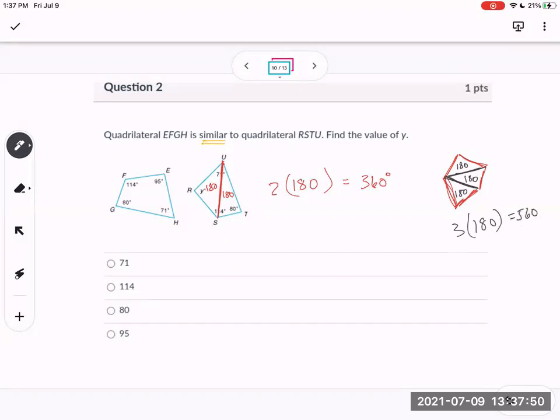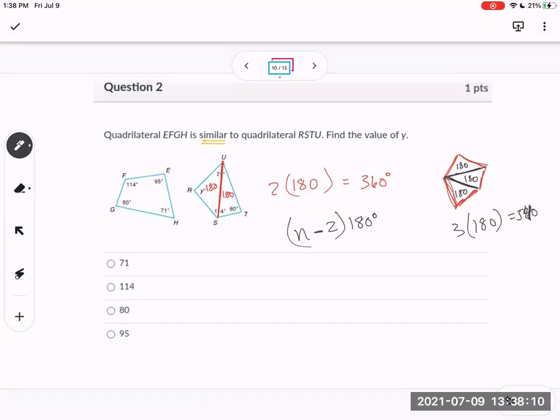Oh, okay. So would it be the same thing for 6? It would be 4 triangles. For 7, it would be 5 triangles. That's right. Oh, so it just keeps rising and rising. That's right. So it's n minus 2 times 180. That's the formula.